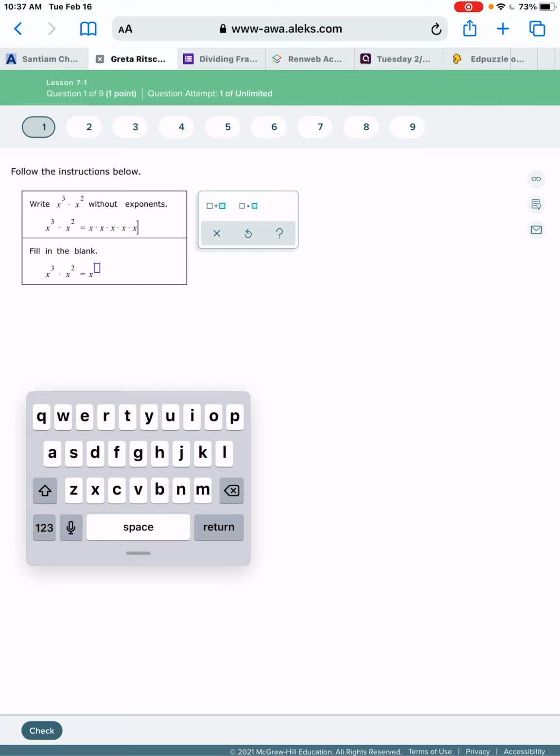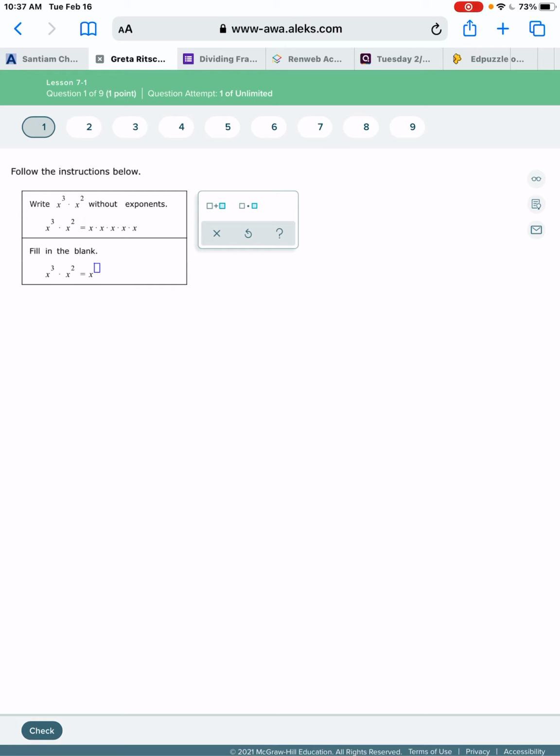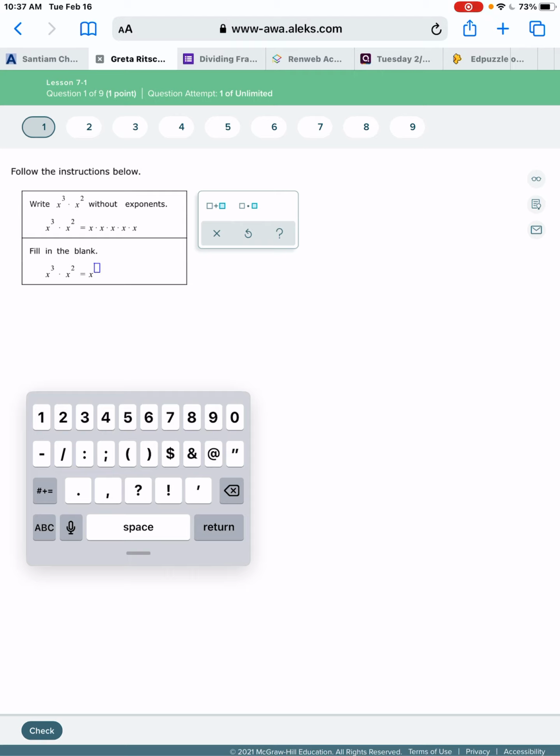When we multiply them together, we end up with x times x times x times x times x. When we want to write that in a nicer way with exponents, we show with the exponent that there are really 5. So we can see that we actually add those exponents together.